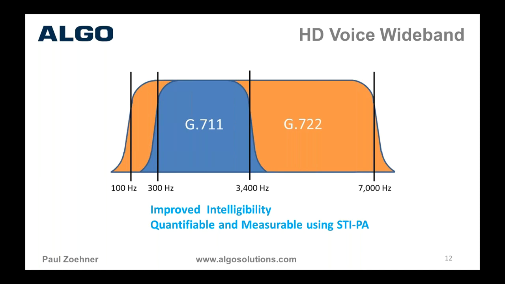So if you have an opportunity to page and take advantage of the wideband codec, then I encourage you to do so because you will get better intelligibility in your paging solution. That extension at the bottom end from 300 hertz to 100 hertz is the information that's missing that makes my voice sound different to you over the telephone or if I was standing in front of you directly.